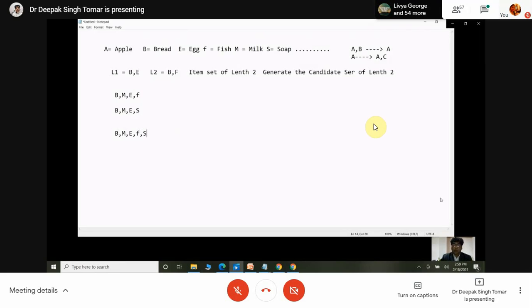And once they are generated, we want to generate bread, milk, and so, and next we want to generate bread, egg, and fish.